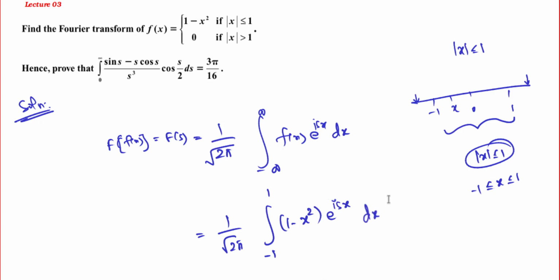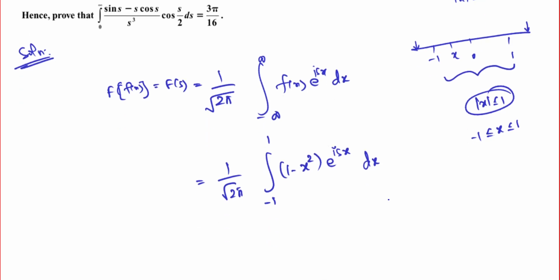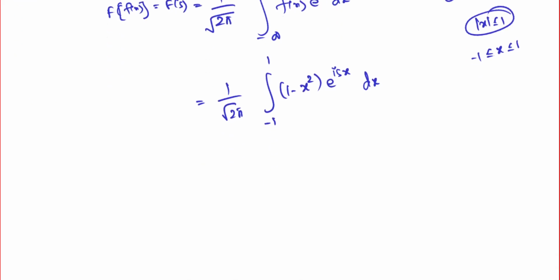All right. So how do we solve this integral? It is easy because we have Bernoulli's formula. We usually choose u as something which goes to 0 on differentiating continuously, and we choose dv as the remaining part.